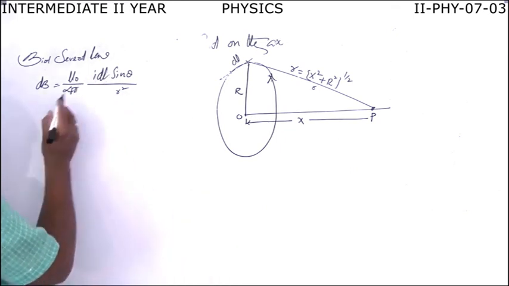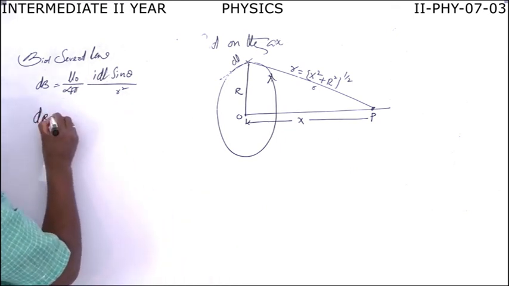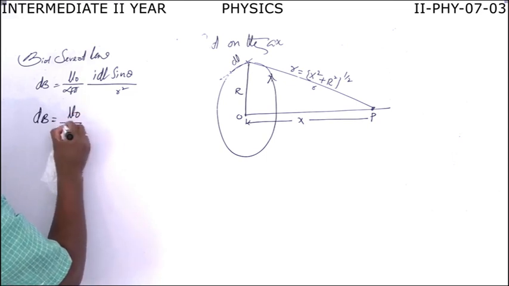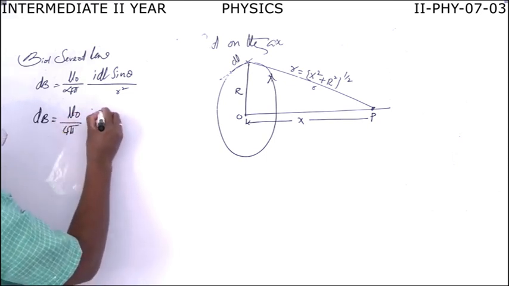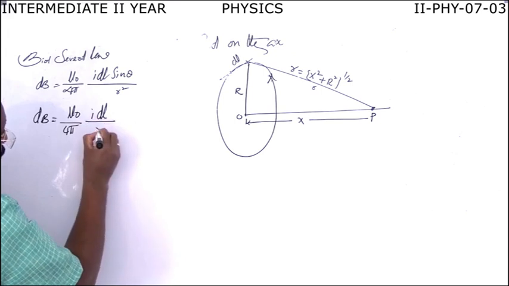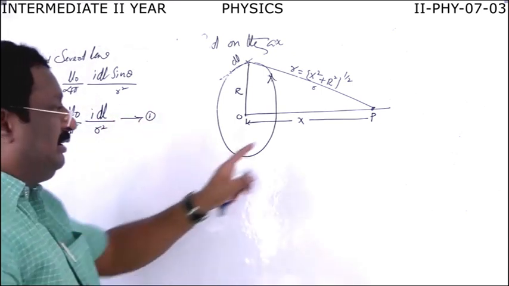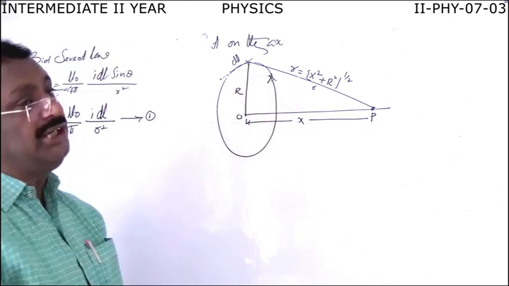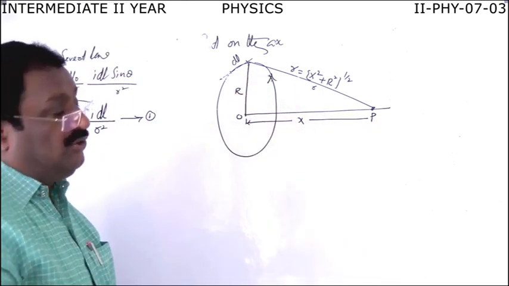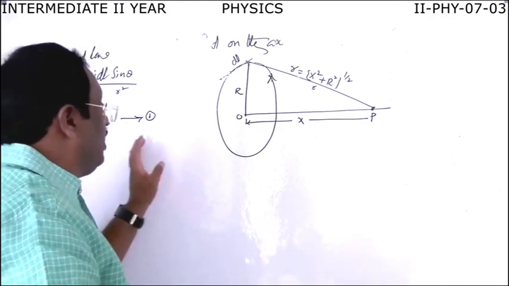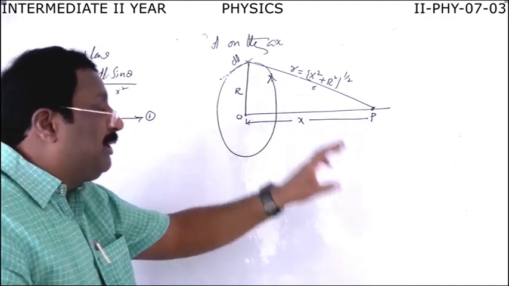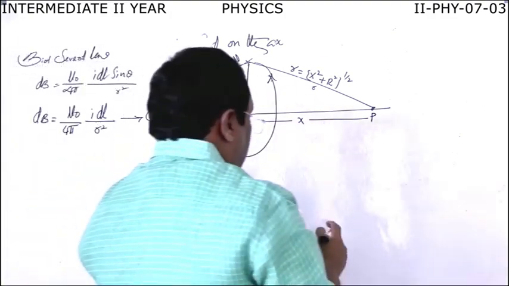Then we can write the same equation as mu naught by 4 pi I dl by r square. This is the magnetic field at this point due to this small element.